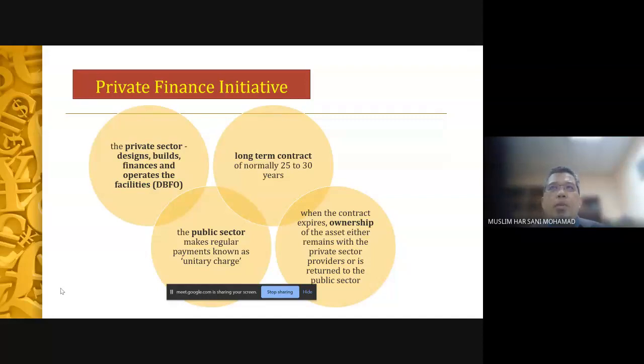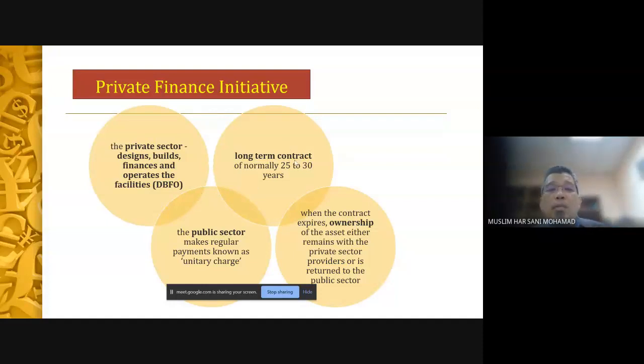And it's quite long actually, okay, but that's because generally it's about mega projects, mega projects. But even quite small-scale projects can also use it, like the development of a campus or the buildings of a campus can also be done under PFI.